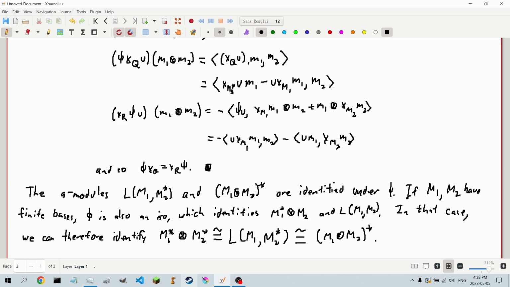So the dual space star kind of splits over the tensor product. I don't know if splits is the right term.